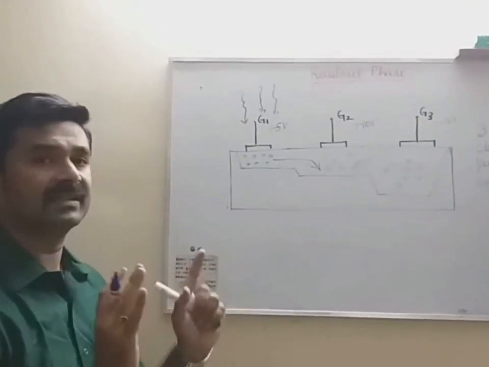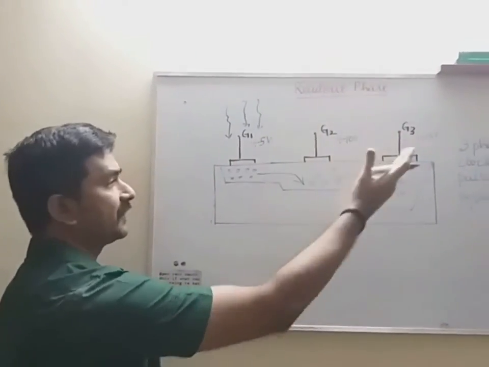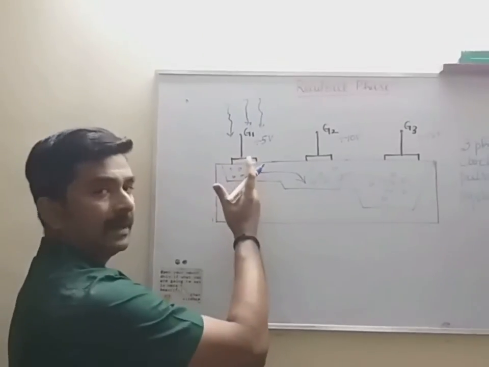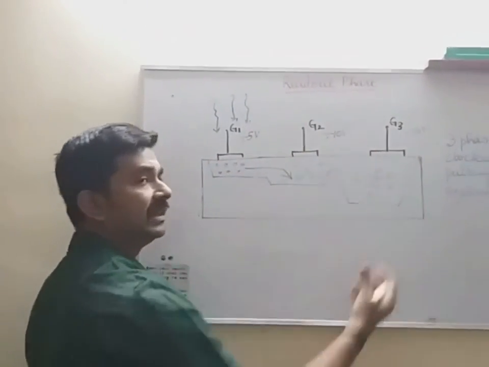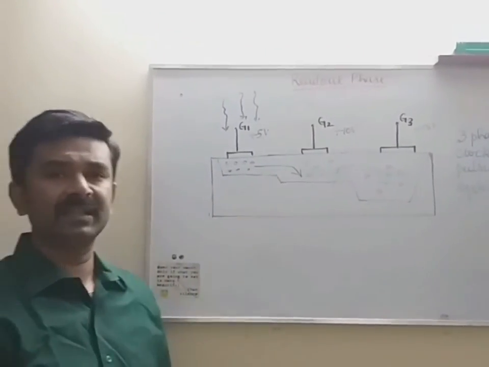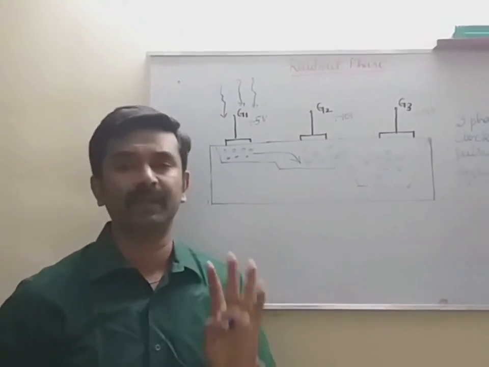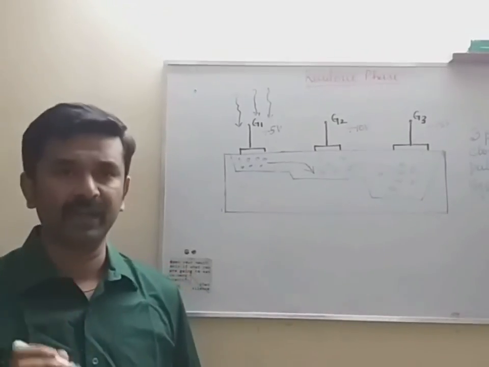This is how there is going to be transfer of charges from one pixel to another. This is how you read out the charges stored inside the potential well. This is all about the readout phase.